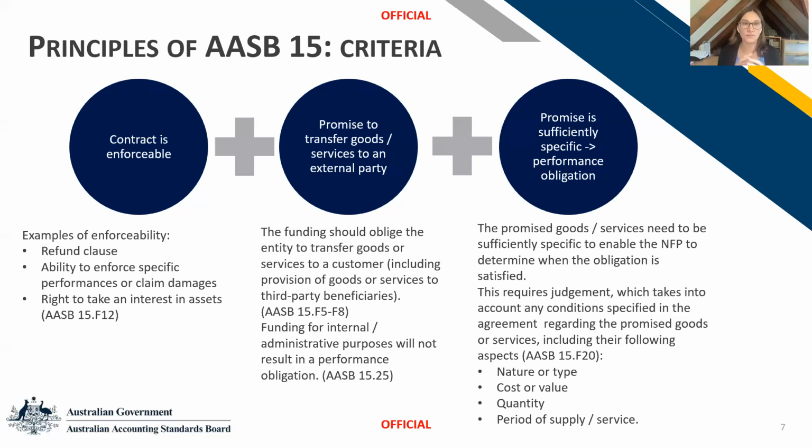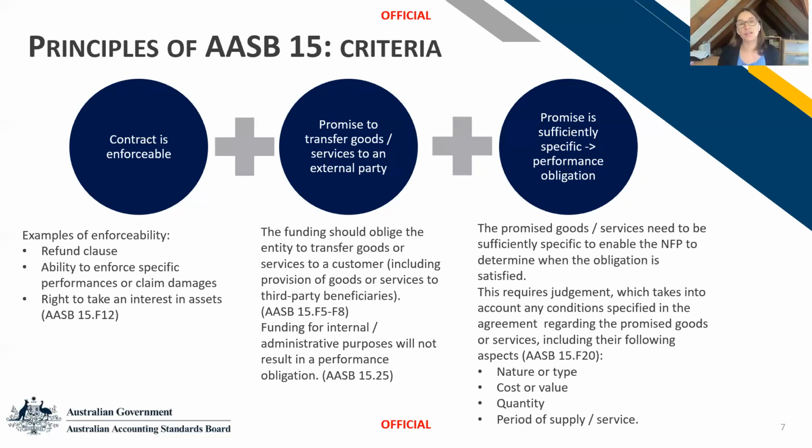We'll explore enforceability in a little bit more. You can see I've got some examples there on the slide, and we'll look at some other examples. The real key is that the fund provider only has to have the ability to enforce. They may choose not to, and that's okay. But as long as they've got the ability to enforce, we generally would satisfy that enforceability criteria.